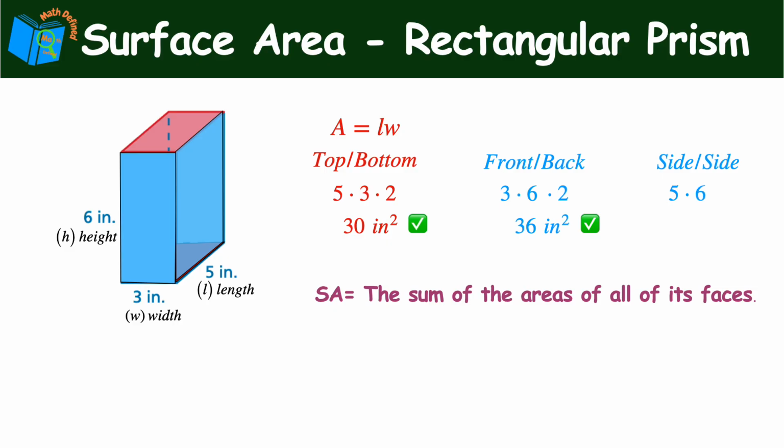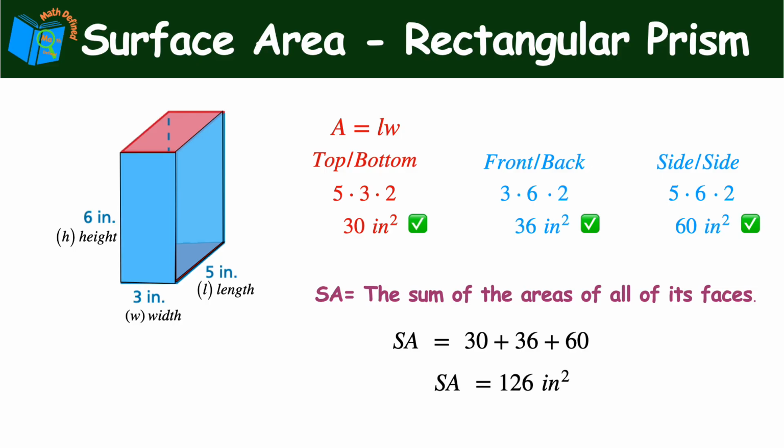Multiply 5 times 6 to get 30, and since there are 2 sides, that's 30 times 2, or 60 square inches. Now we add them up. 30 plus 36 plus 60 is 126 square inches. So the total surface area of this rectangular prism is 126 square inches. We found the area for each pair of faces and then added them together.